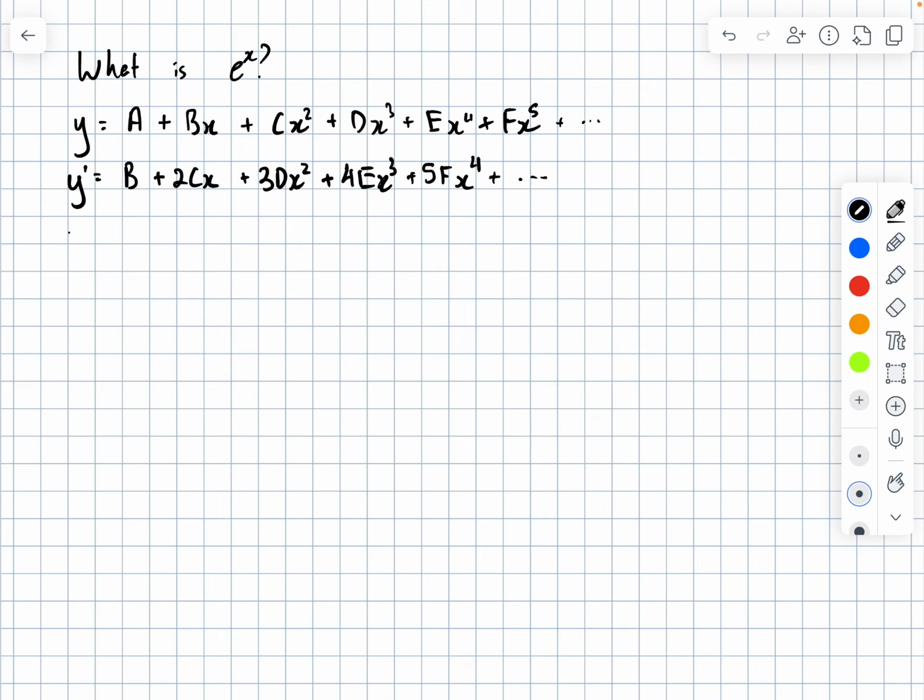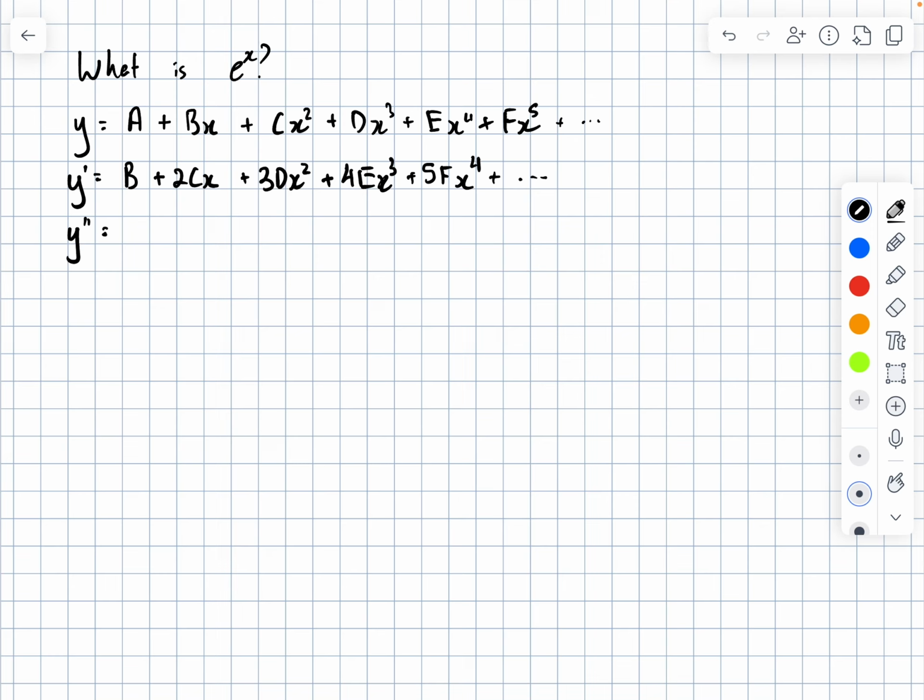But if this polynomial differentiates to the same, then surely the derivative will also differentiate to the same. So we're going to just keep differentiating this polynomial until I get f as the constant, but in theory it would go on forever.